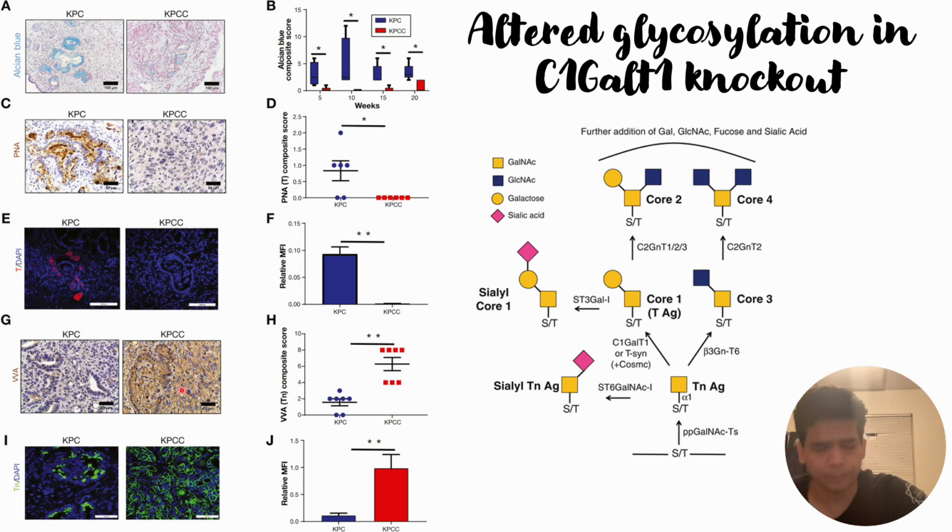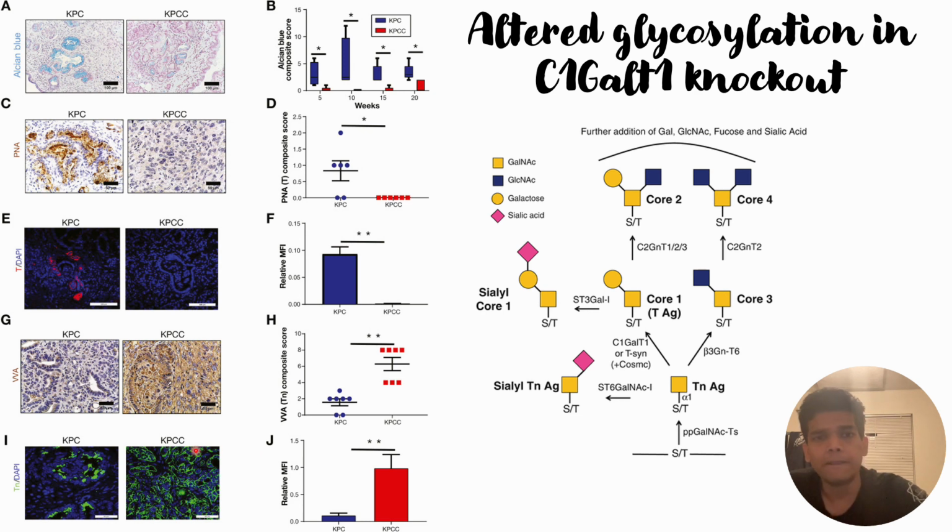And the quantitative results show that the difference is statistically significant. They also did fluorescence analysis of this VVA lectin, to check the difference in the Tn antigen in both the models.